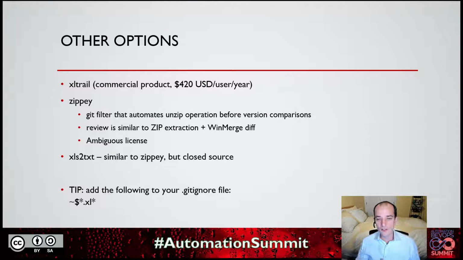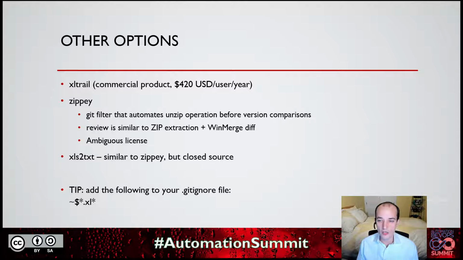But with this being a survey, no survey would be complete without an exhaustive listing of the other options. And it's definitely worth noting Excel Trail first. This is a commercial product that looks very polished and very drag and drop friendly. It definitely deals with this Git workflow very well. It shows you graphically what changed. It's web-based.